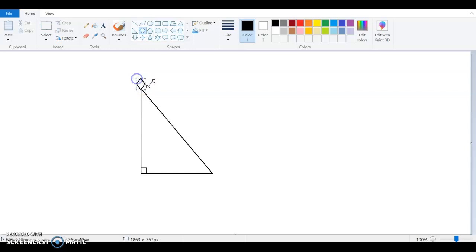Right. And then let's say that this is the string of the kite from here up to here. So that's the string. Let's paint it red, right? And then let's say here is where the person is holding the string, right?